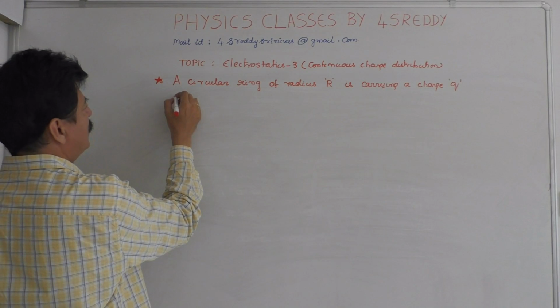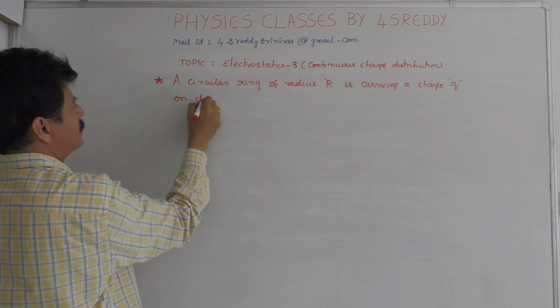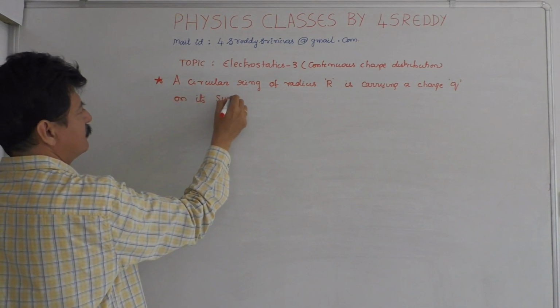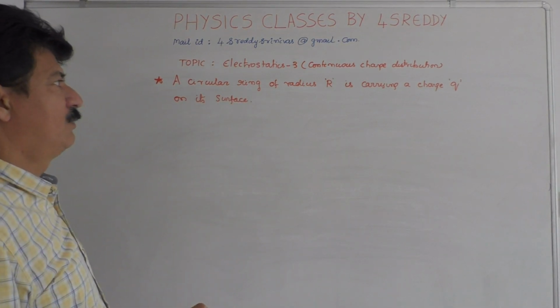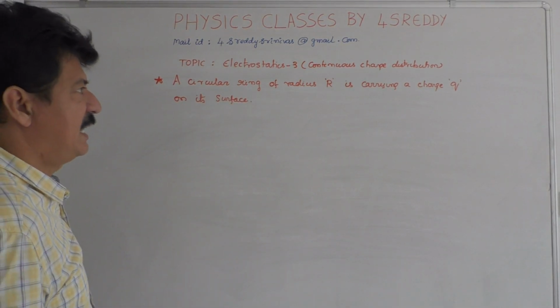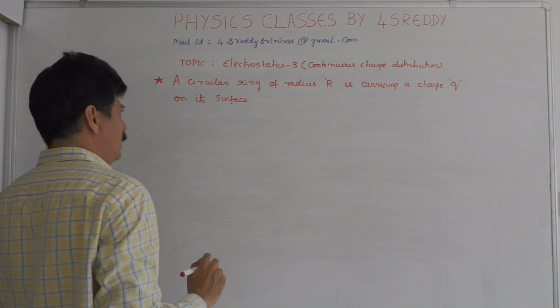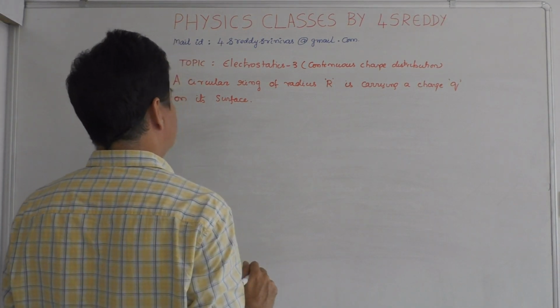A circular ring of radius capital R is carrying a charge Q on its surface.